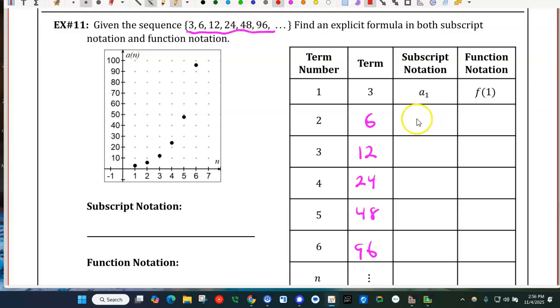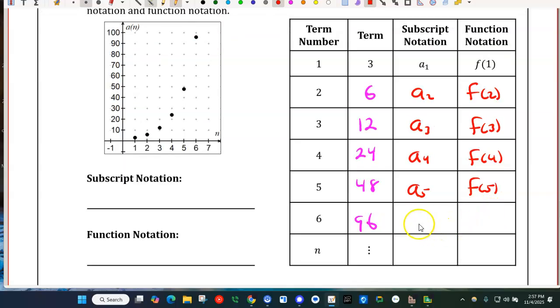And the right 2 columns are the same as yesterday. Just fill them in with a sub and the f of whatever term number you're on. Six and a sub n.